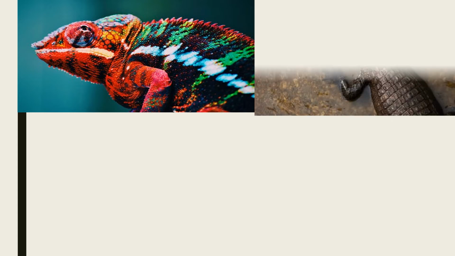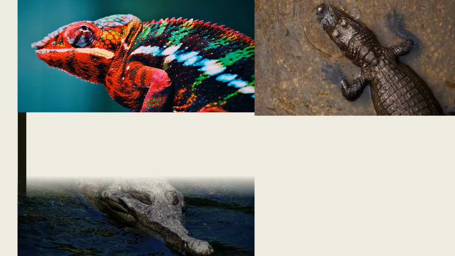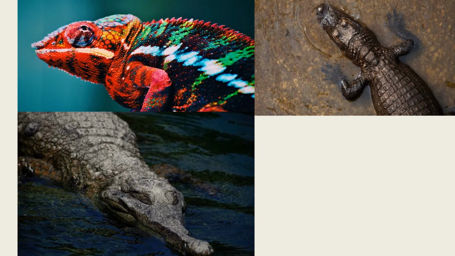Also, we have the crocodile. It can live in water and on the land. We have the alligator. It looks so much like the crocodile, but they are two different animals. Look at the mouth of the crocodile.